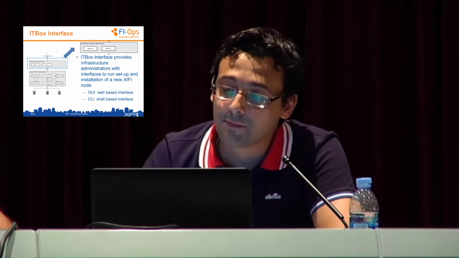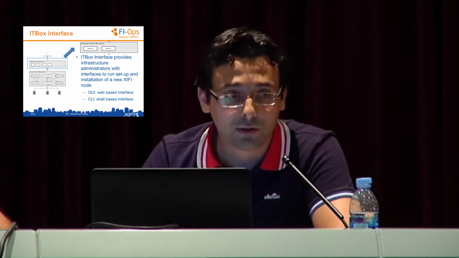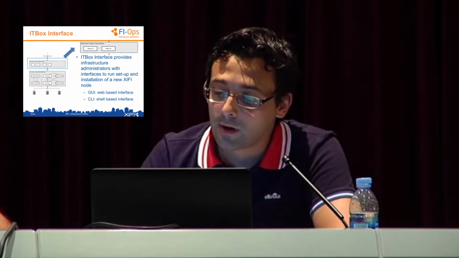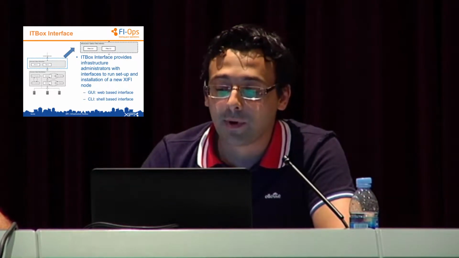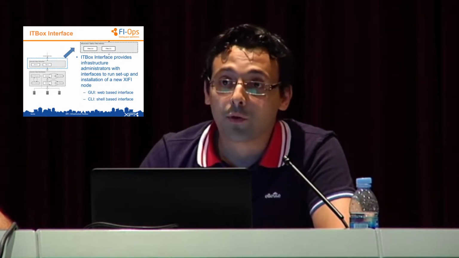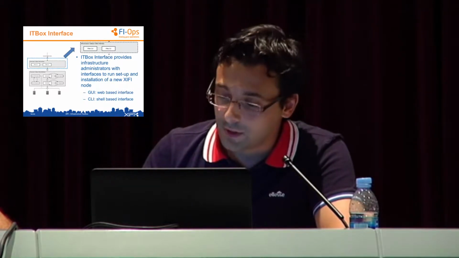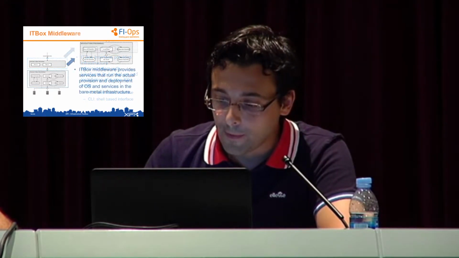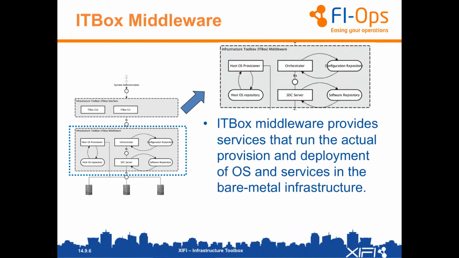Through the interface, the system administrator, the infrastructure owner, can set up and configure the next installation. The ITBox middleware provides services that run the actual provision and deployment of OpenStack and services on a bare metal server.